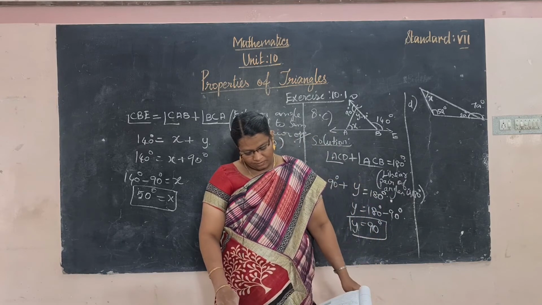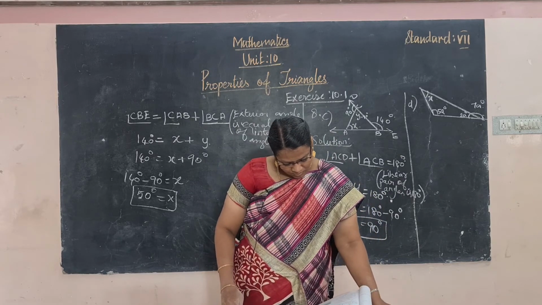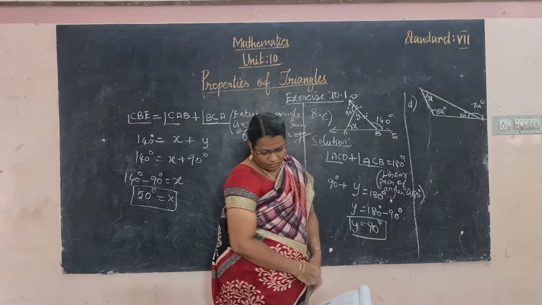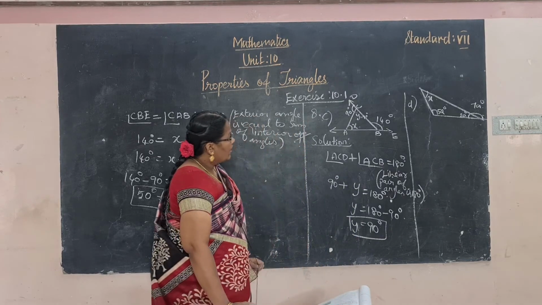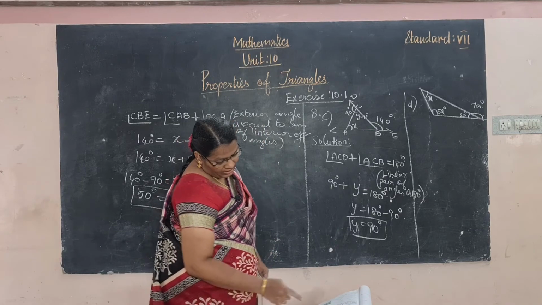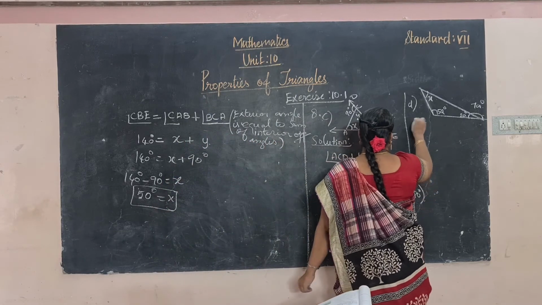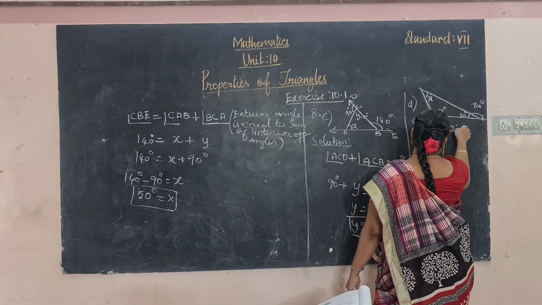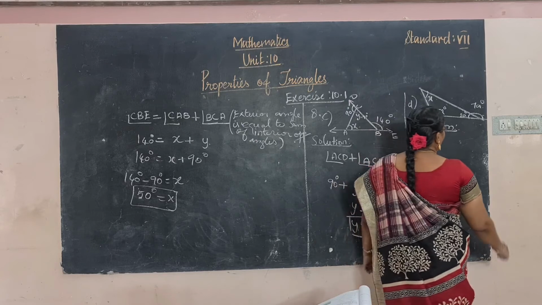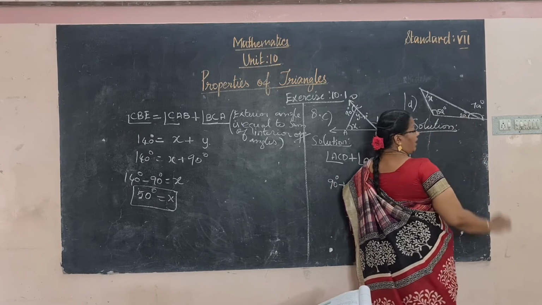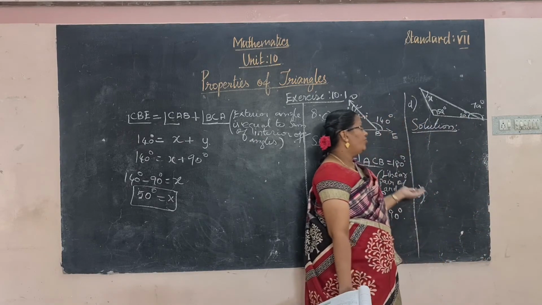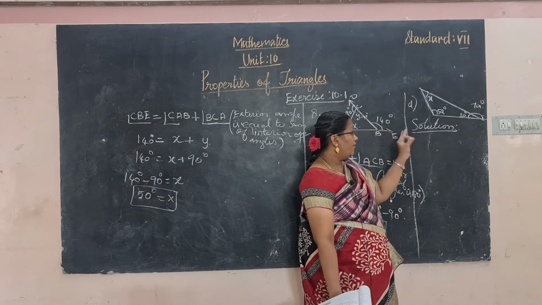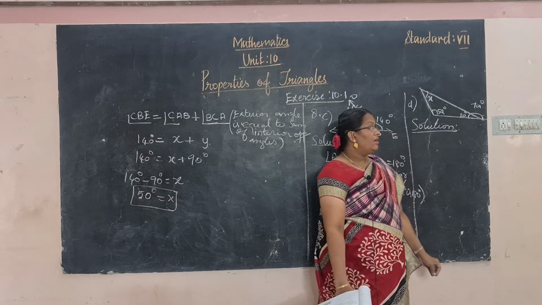And next one, D problem. Solution. First we have to find out the value of A, because here all the angles are in variables, and no angle values are given.